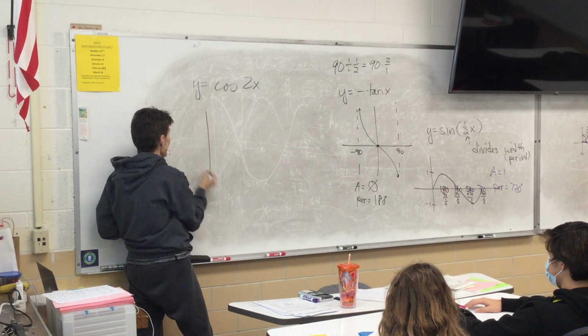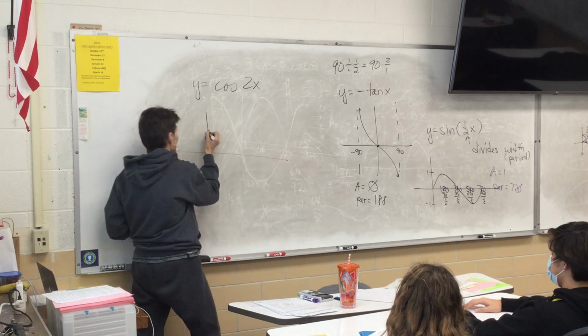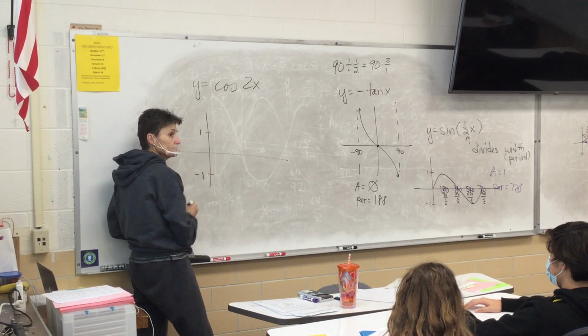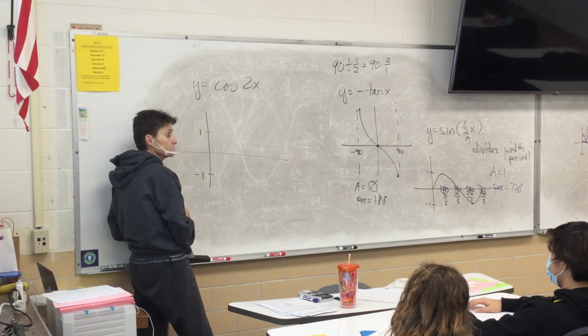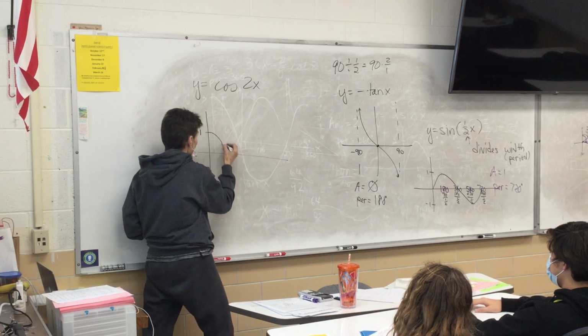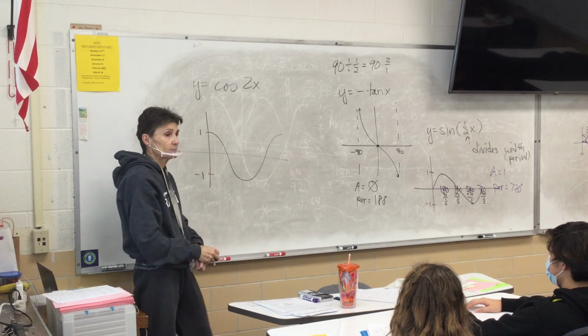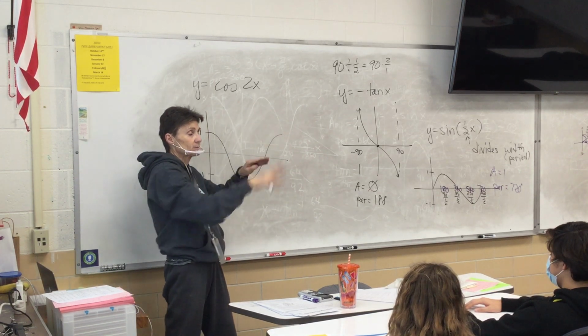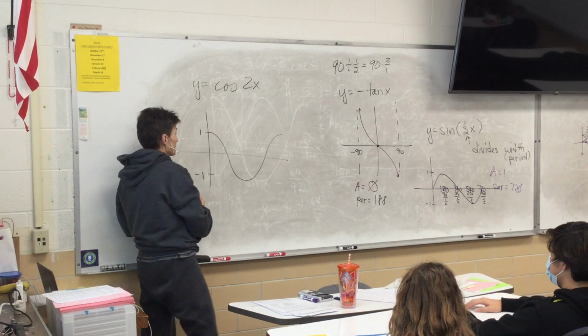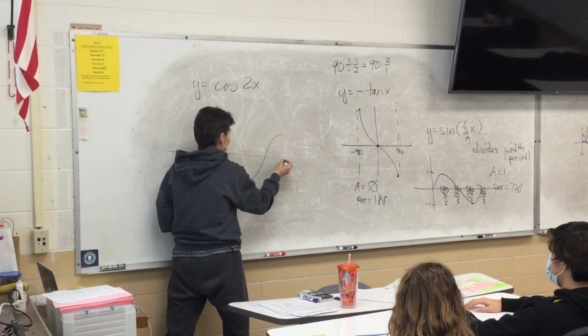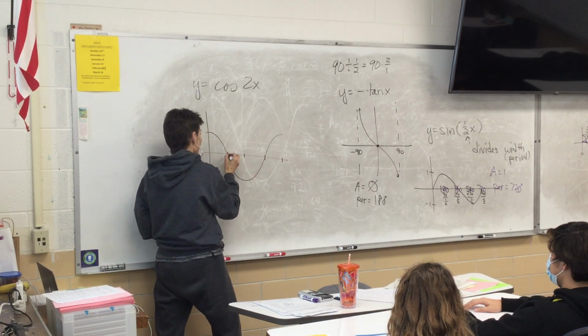Which means that my amplitude is still just 1. And it's a cosine, so I know it looks like one of those skateboard things. And I have to label where it ends, where it crosses, and where it bottoms out.